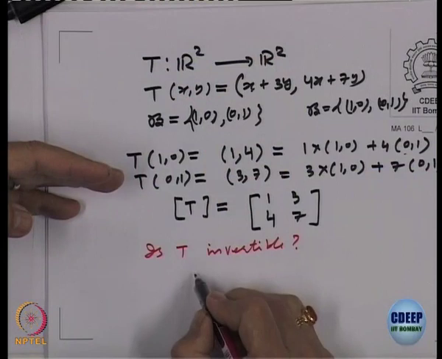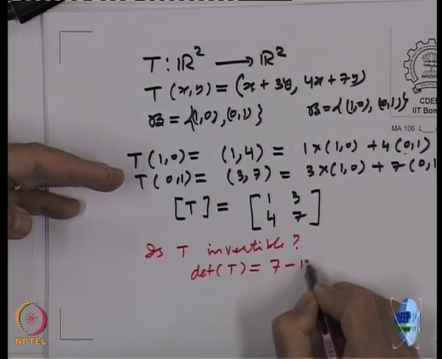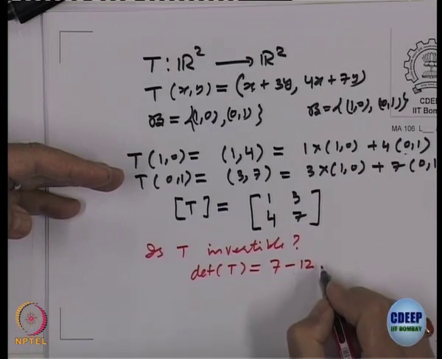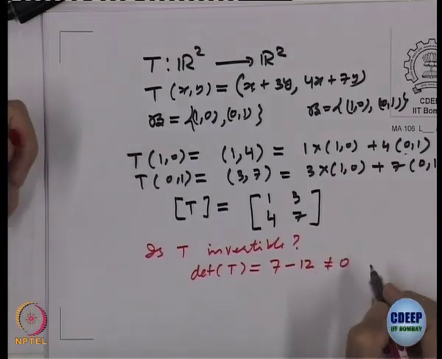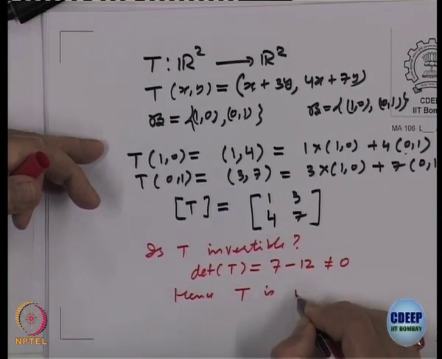This is a 2 by 2 matrix, so the determinant is very easy. What is the determinant of this? 7 minus 12, that is not equal to 0. So, hence T is invertible.